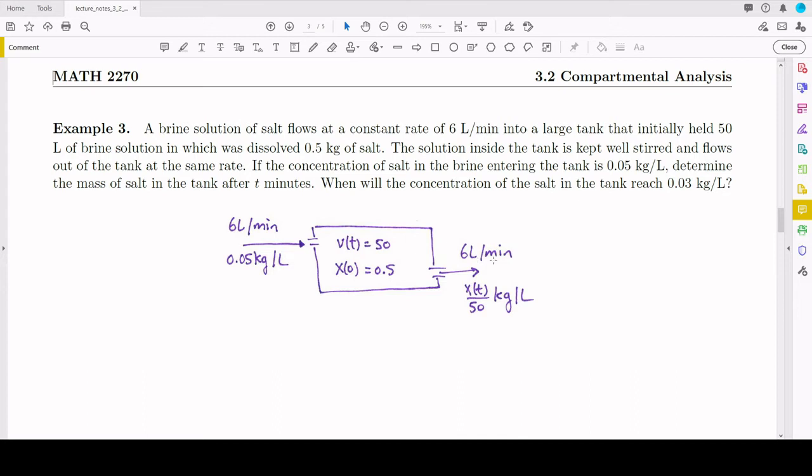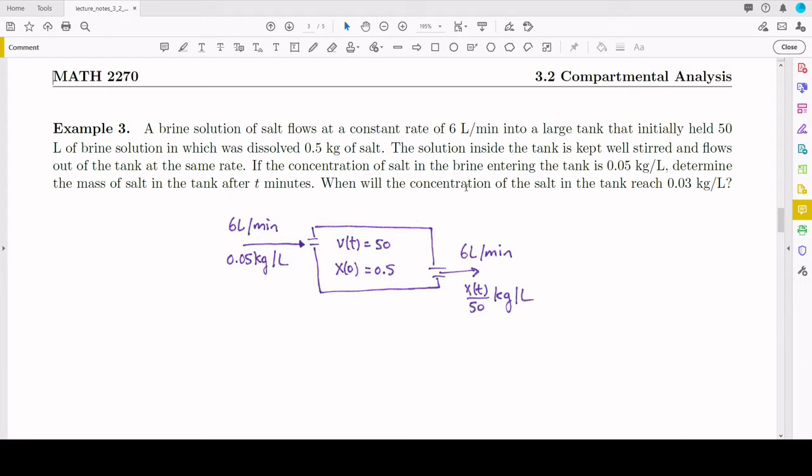So that's also 6 liters per minute. We know that the volume at any given time is 50 liters. And then initially there was 0.5 kilograms of salt, so x of 0 is 0.5.